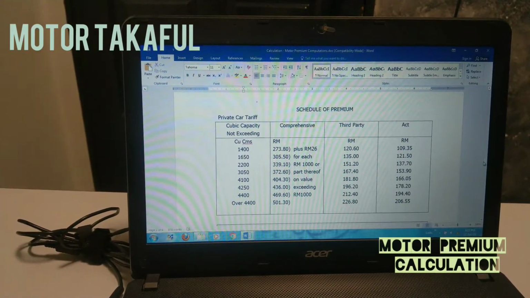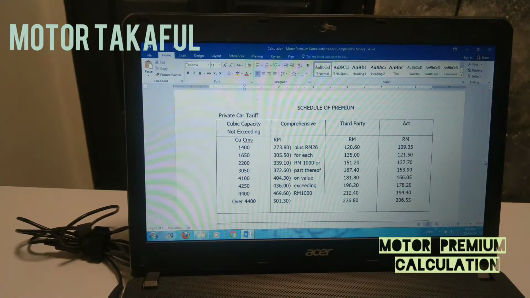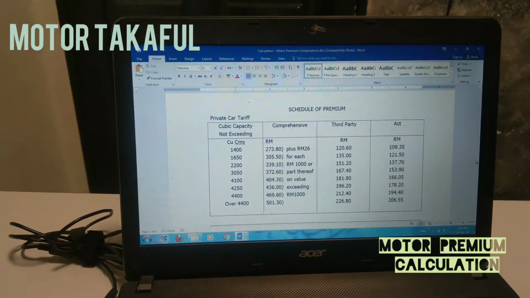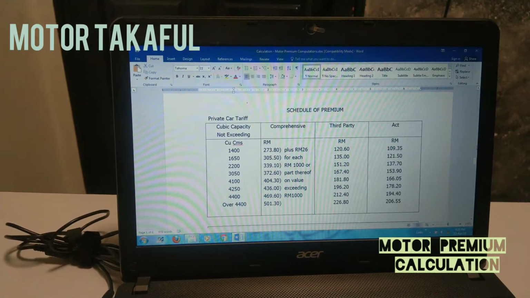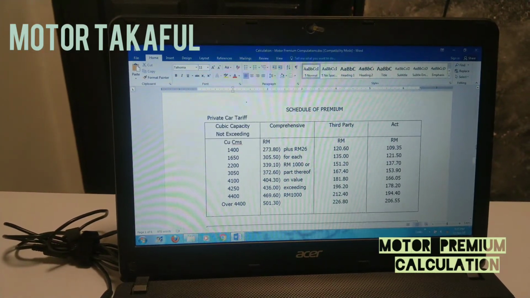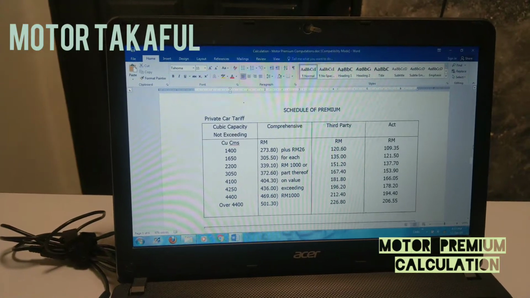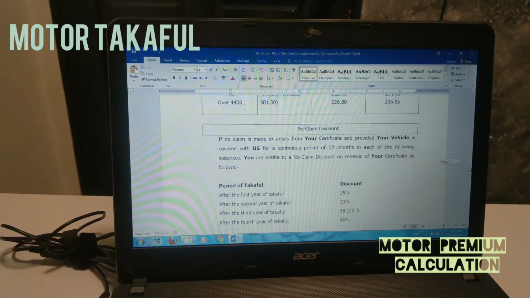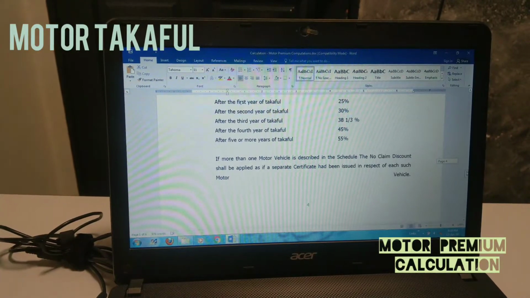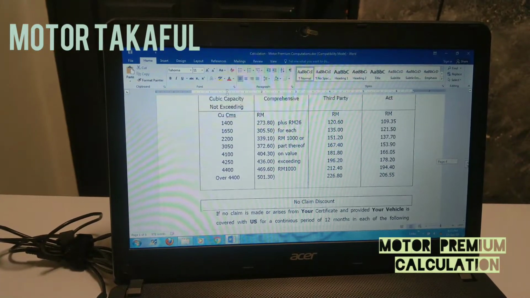Bismillahirrahmanirrahim. We continue with the motor premium calculation. If you look at your handout given, this is the schedule of premium. If not mistaken, it will be under page 5 or page 6 of your handout.